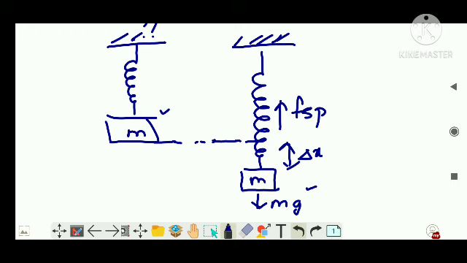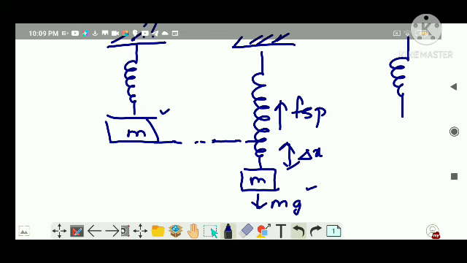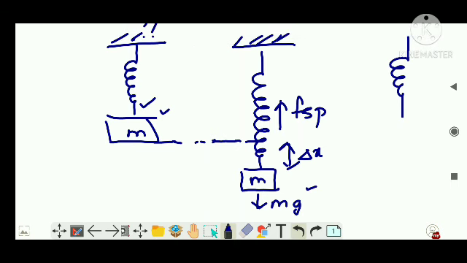Clear? That is after delta x extension. Initially, let's say this spring was like this, I connected an M and it fell, if that is the way you want to understand. After this extension, it has extended depending upon the weight. Now, until an external force acts on it, nothing is going to happen.